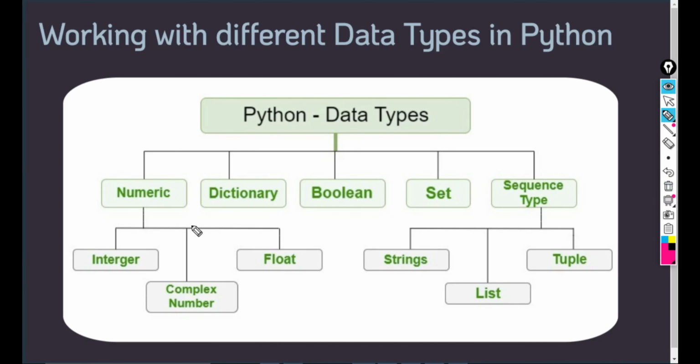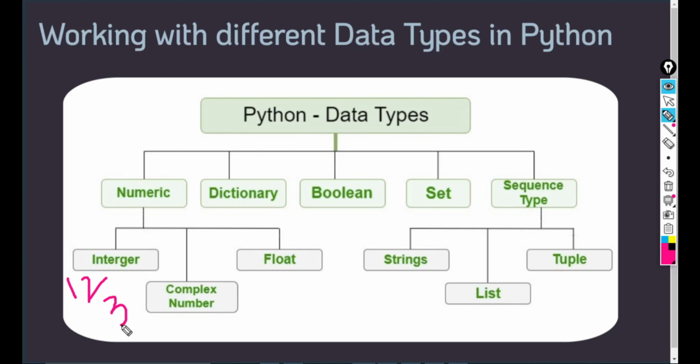There are different data types available in Python, like numeric, dictionary, boolean, set, and sequence type, which are used in the Python environment. When I'm talking about numeric, it has integer, float, and complex numbers. An integer doesn't have any decimal or fractional part. It can be 1, 2, 3, whole numbers.